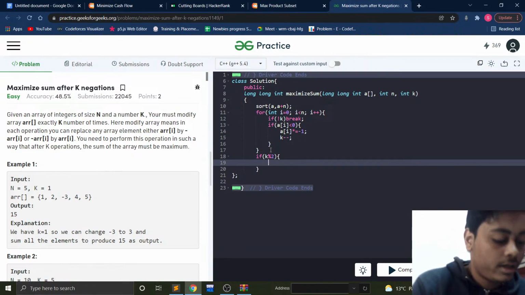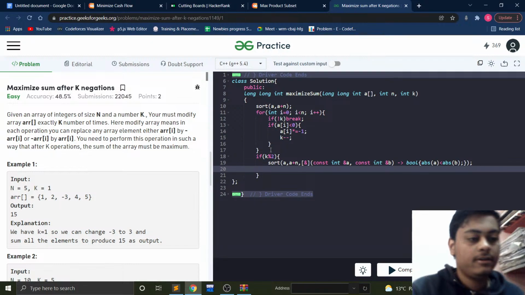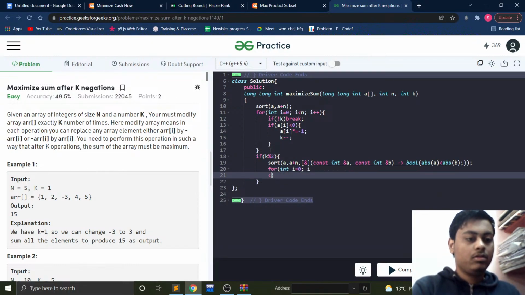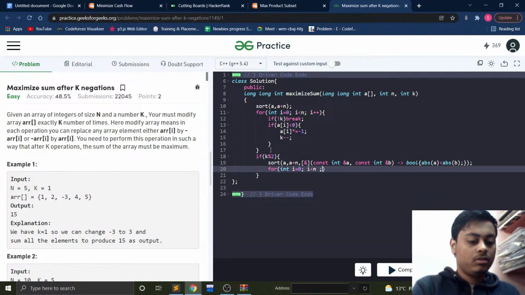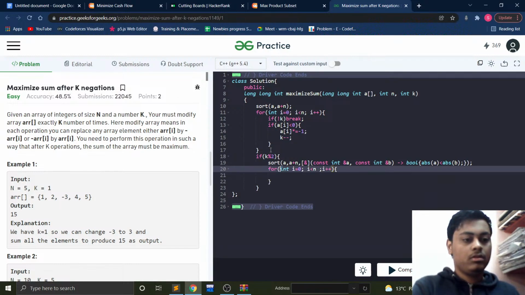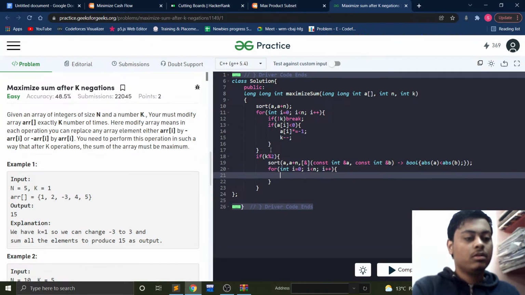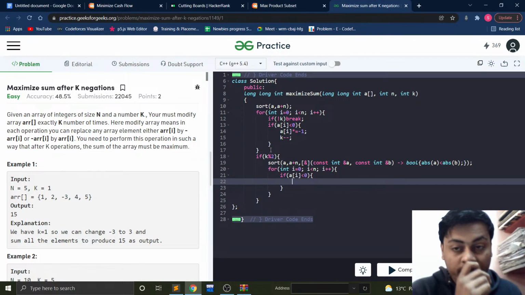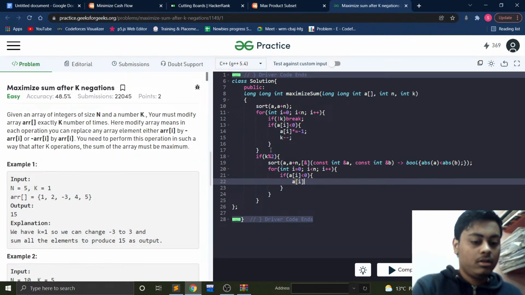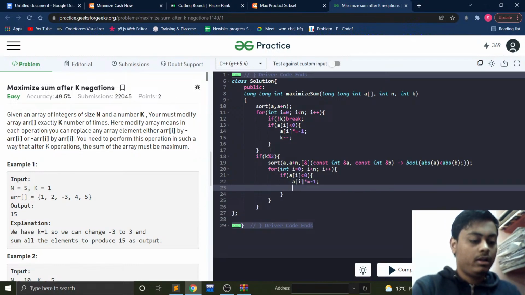I sorted, and then for i, if a[i] is negative, if I find a negative number, make a[i] negative and then break.